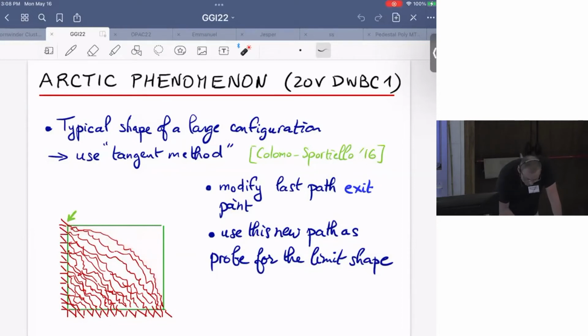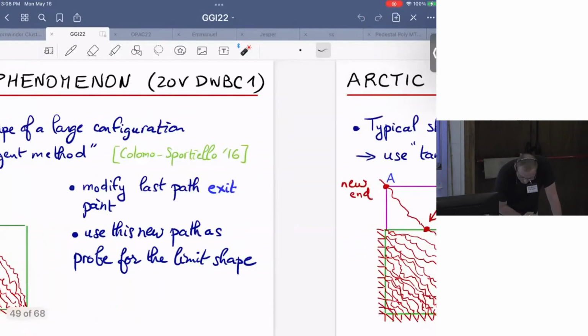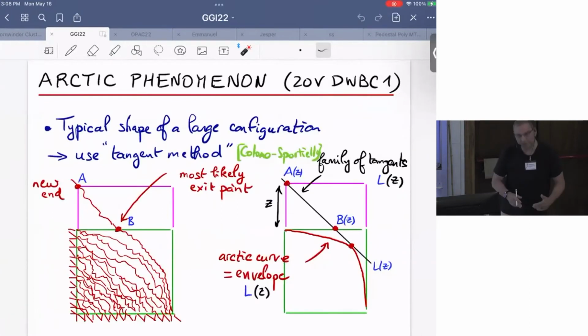So what you do is you detach this top path from the rest, and you use it to learn something about the other paths. As far as the path is far away from the other guys, it doesn't disturb them. And when it's close to them, it's actually part of them, so it doesn't disturb them either. So it really reveals the structure of those paths.